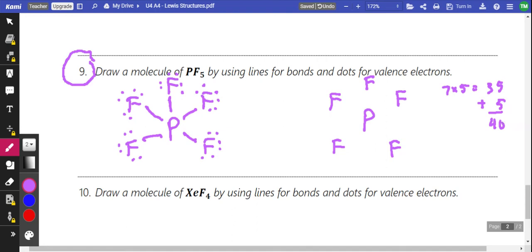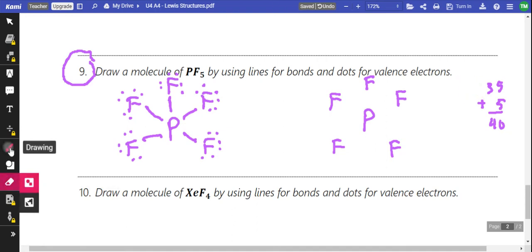And we've got to use all 40, no less, no more. They've got to be somewhere. So I've got to use 40 electrons here to make this phosphorus pentafluoride happy.